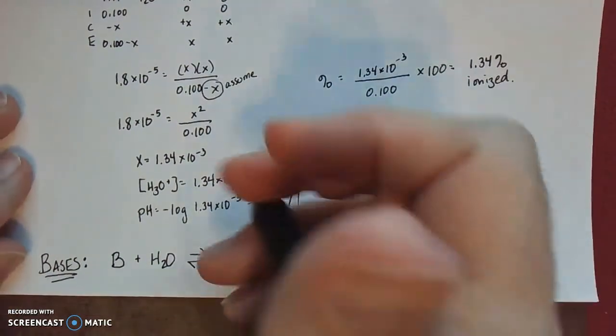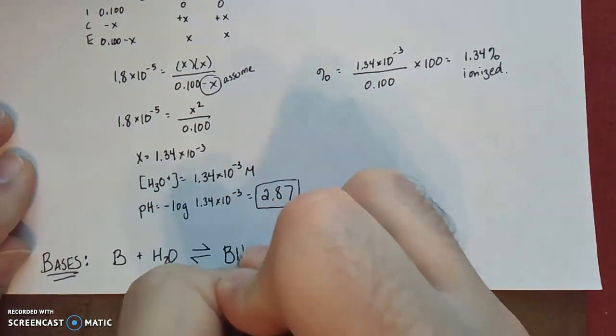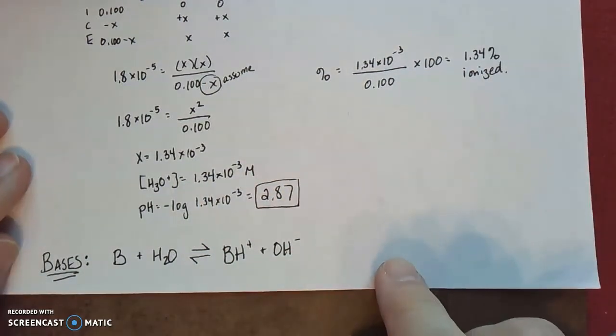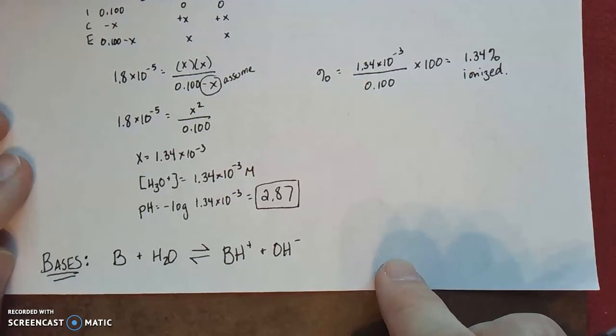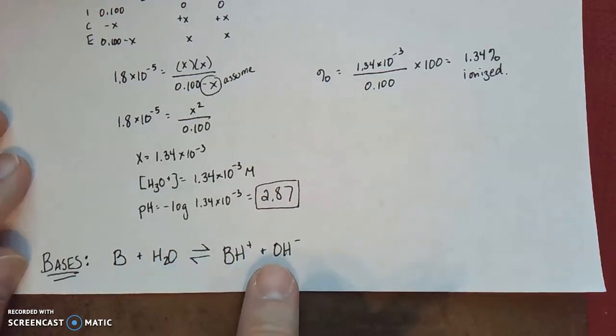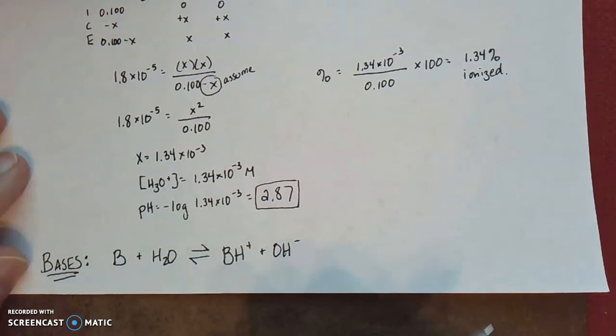The base plus water gives us the conjugate acid and conjugate base. So this is what we would use if we had a base, but be careful, because if you're asked for pH, remember that you have to go from pOH to pH. So this might have an extra step in it in these problems.